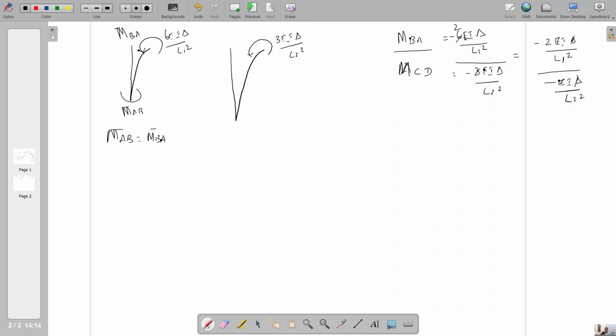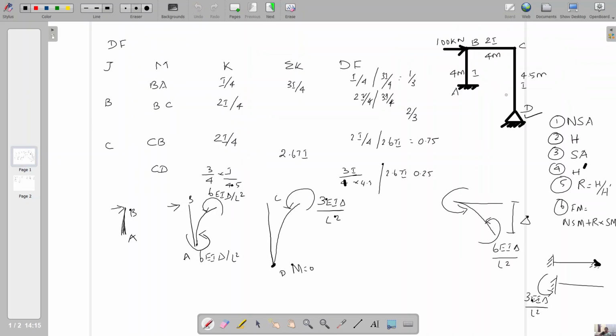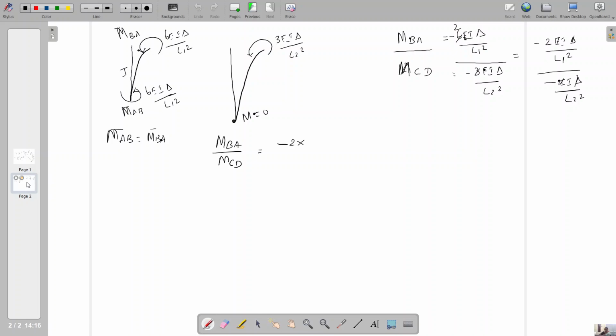Both are 6EI delta by L1 square. Here only 3EI delta by L2 square is available, and the moment at the hinged support is equal to 0. So we simplify this: MBA divided by MCD is equal to minus 2 into I. For both columns it is I, so consider it as I only.